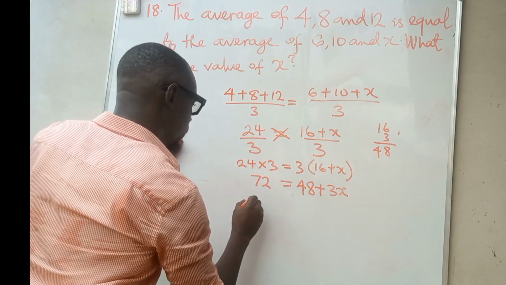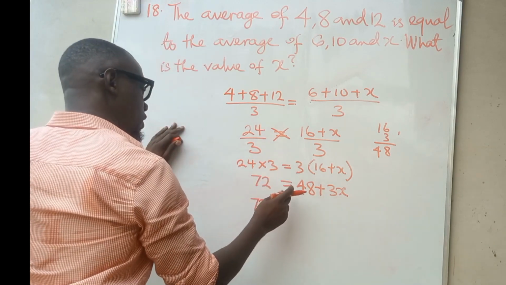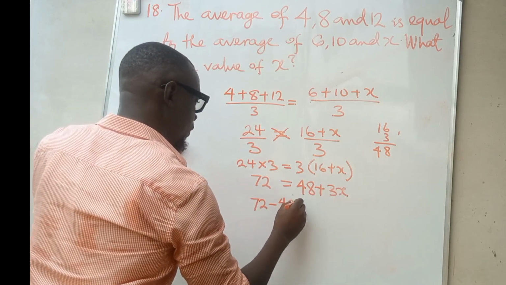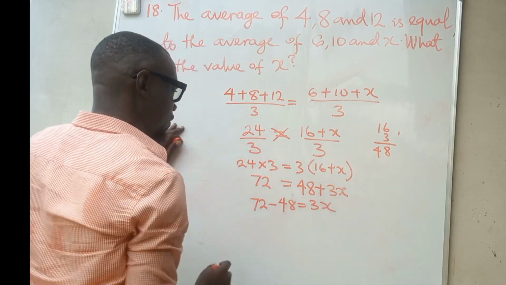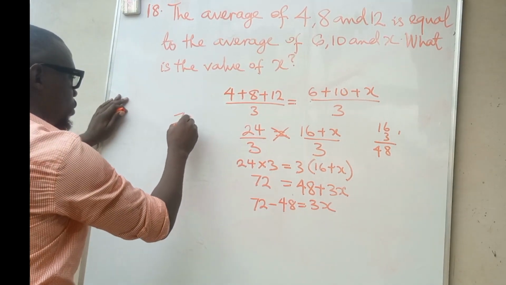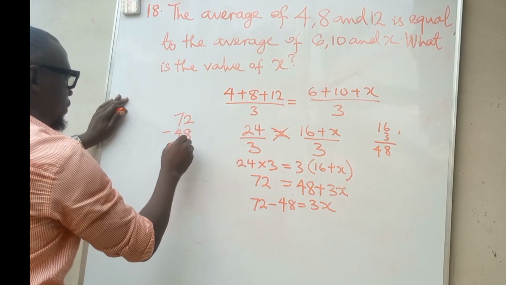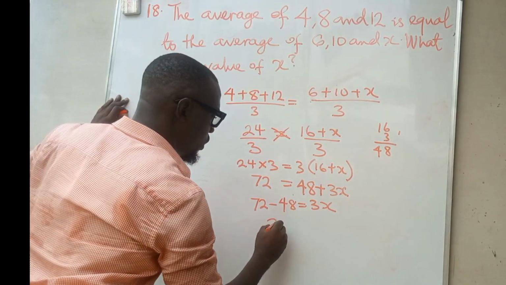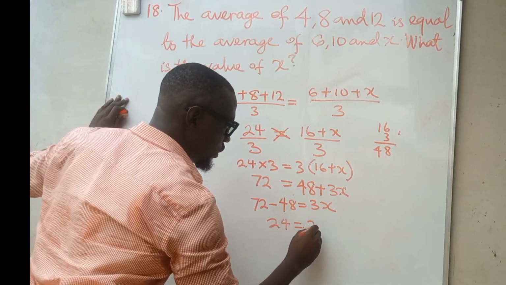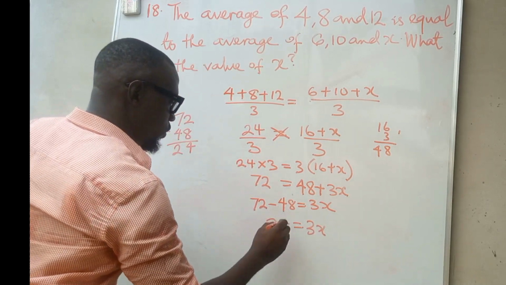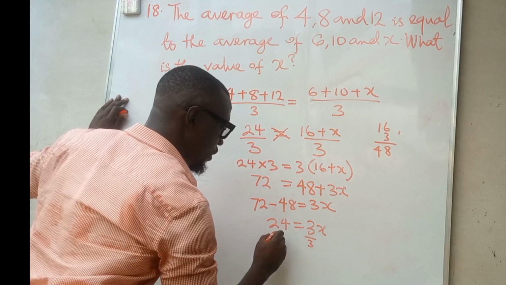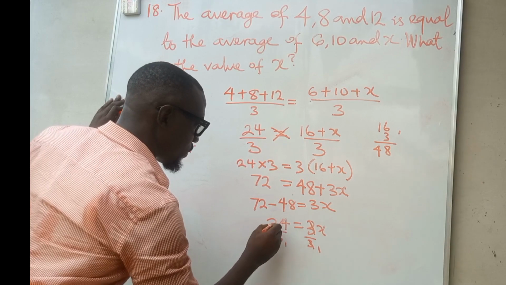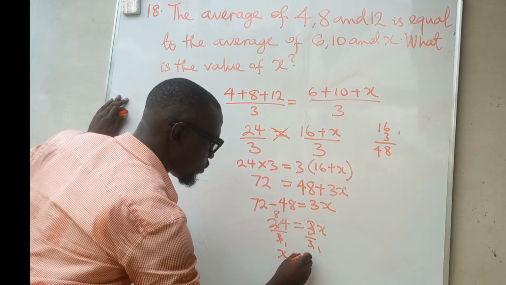Now we're going to make this 48 cross over so that we can have 3x. 72 minus 48 is 24. So this is 24 equal to 3x. So we are looking for x. We can divide this by 3. Divide by 3, and this one will give us x equal to 8.